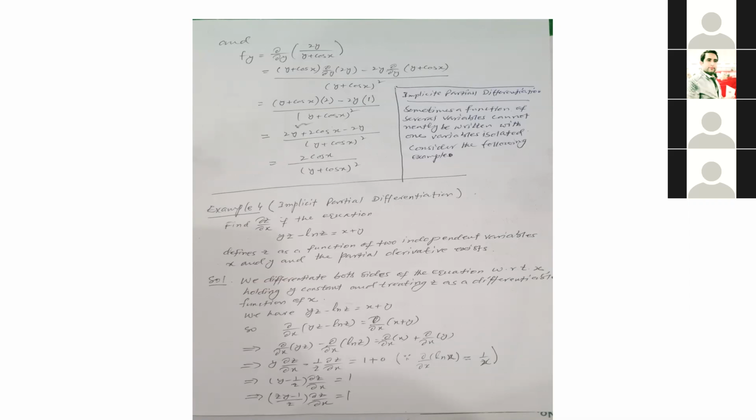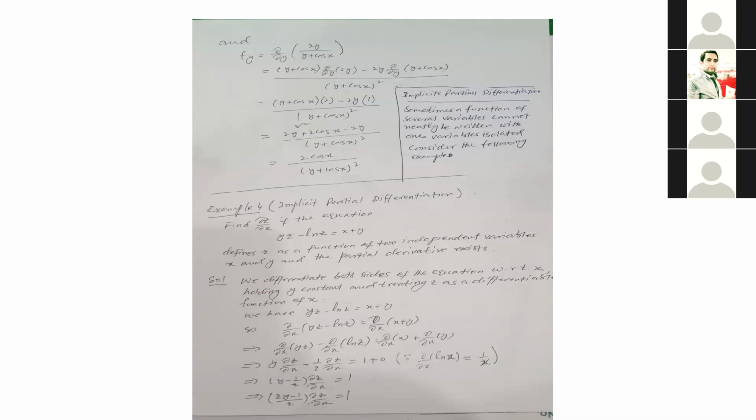Writing these two terms on the left hand side, it is y minus 1 over z times del z over del x. This equals 1, and this can be written as zy minus 1, divided whole by z, times del z over del x.